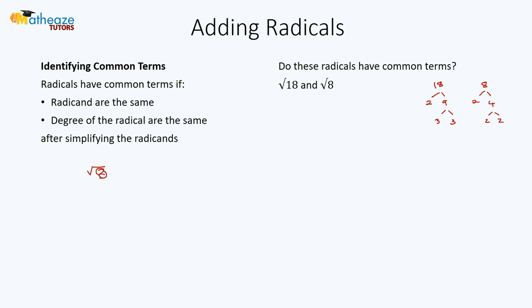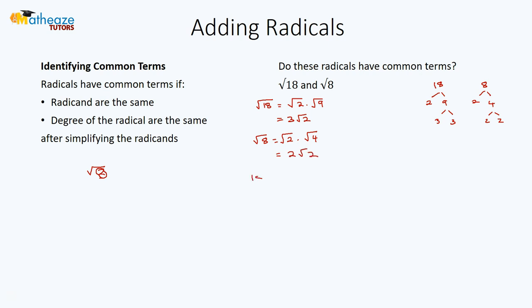So the square root of 18 is the same as the square root of 2 multiplied by the square root of 9, which is going to give us 3 square root of 2, and the square root of 8 is the square root of 2 multiplied by the square root of 4, which is going to give us 2 square root of 2.